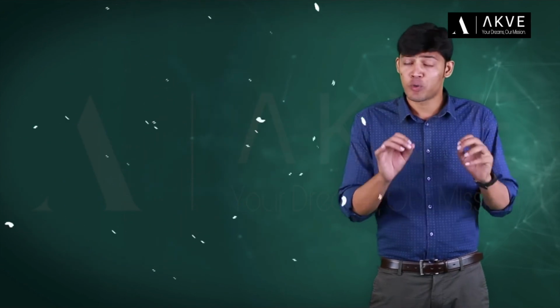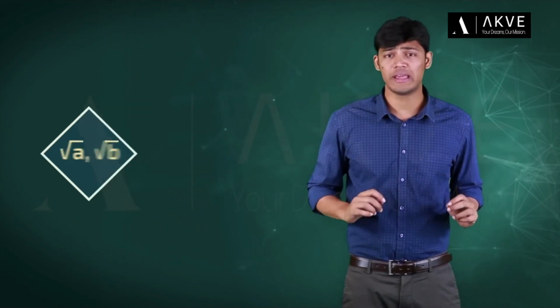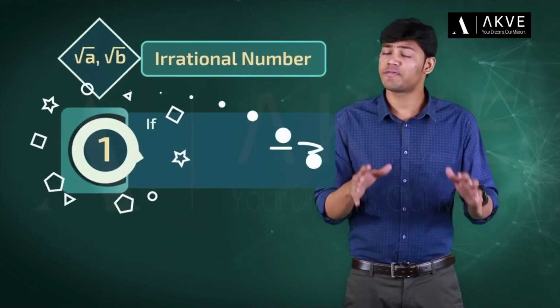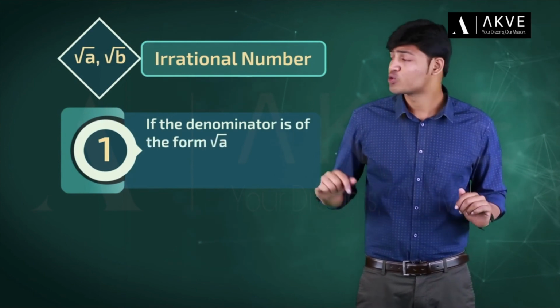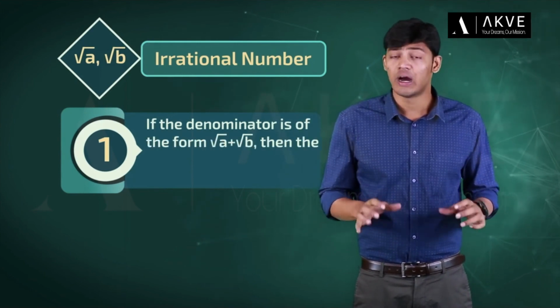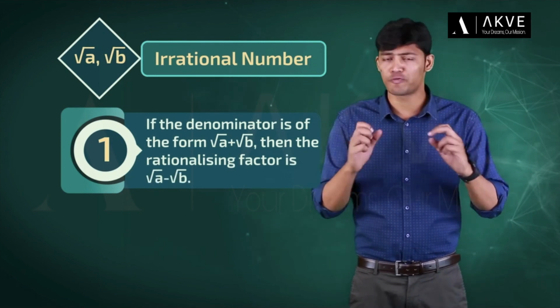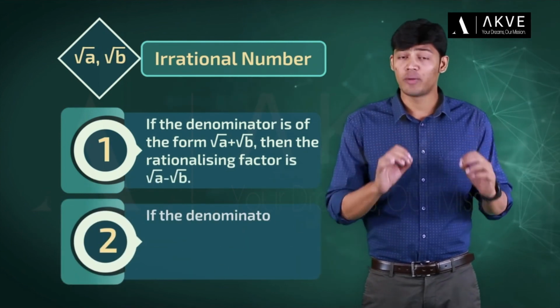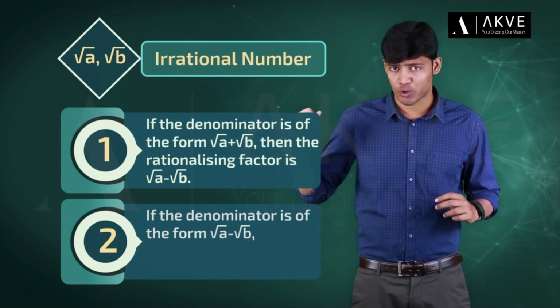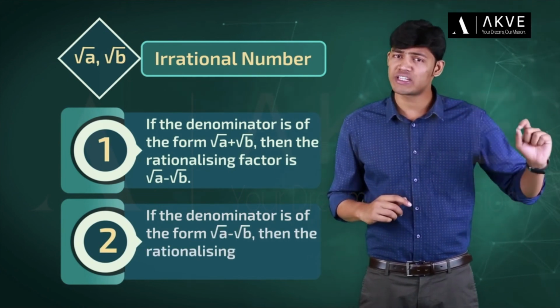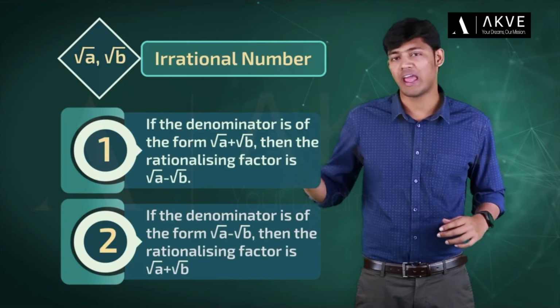And now, for both square root of a and square root of b being irrational numbers, if the denominator is of the form square root of a plus square root of b, then its rationalizing factor will be square root of a minus square root of b. And if the denominator is of the form square root of a minus square root of b, then its rationalizing factor will be square root of a plus square root of b.